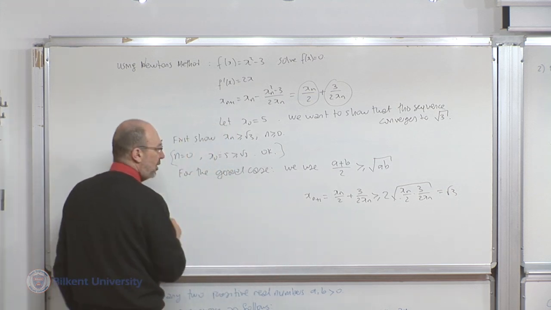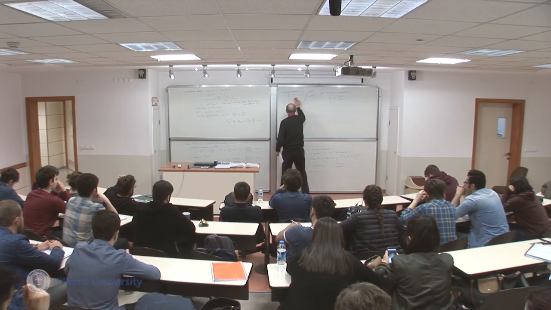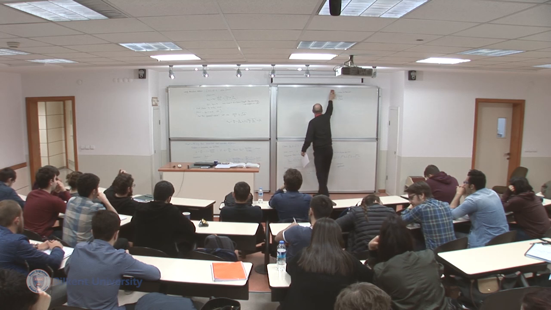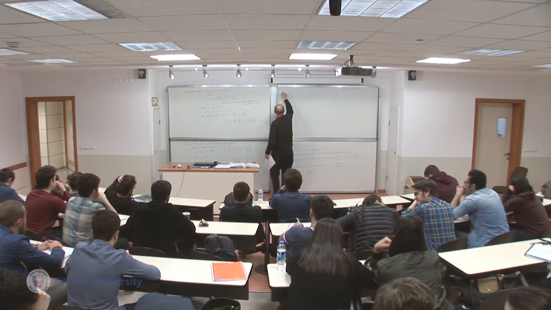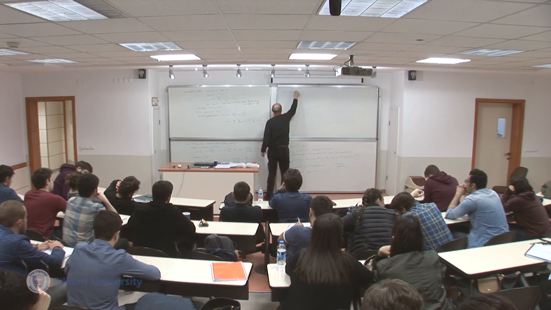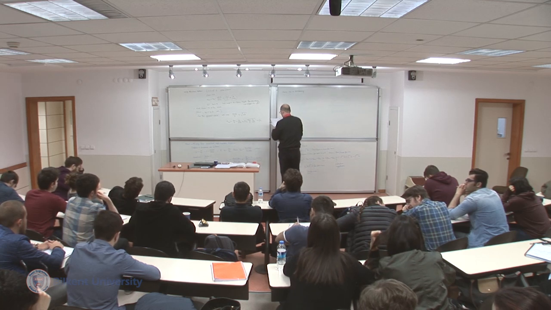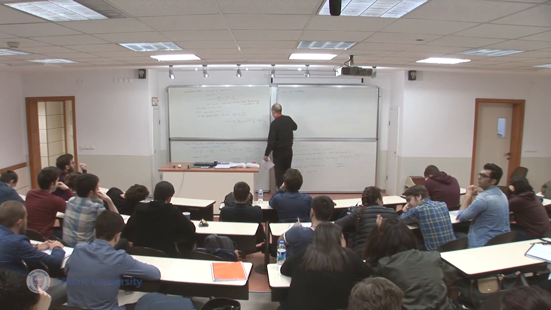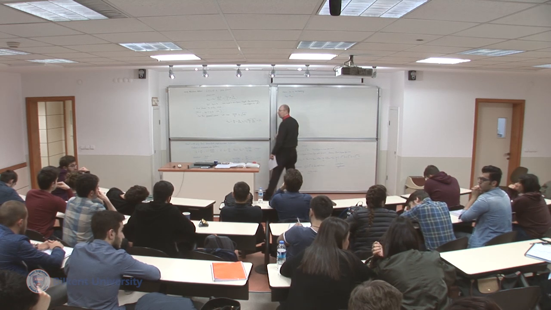Okay, so the second part is going to be induction, I think. Okay, so show x_n is decreasing. Here, in order to show that this is decreasing, I want to show that this is positive.